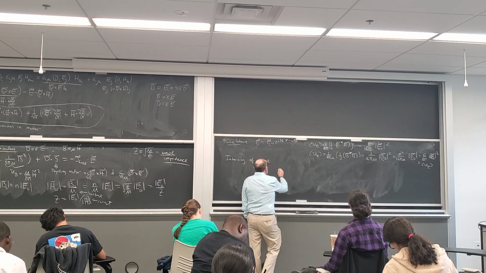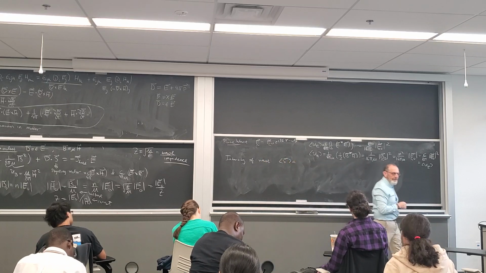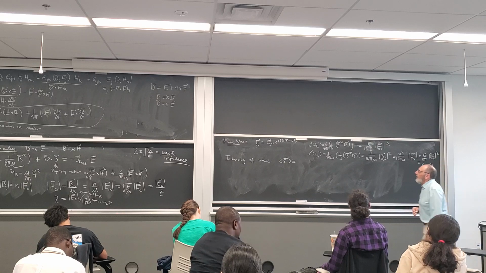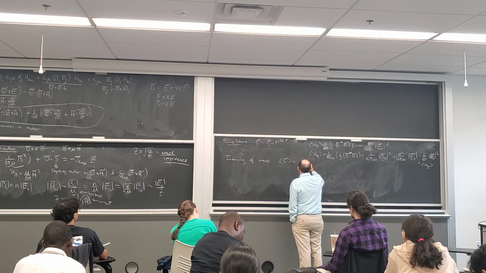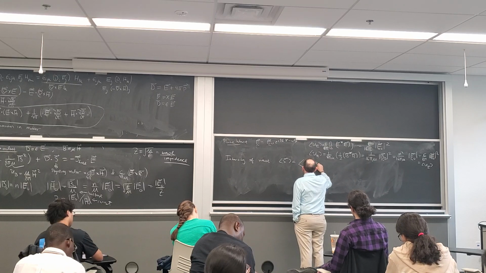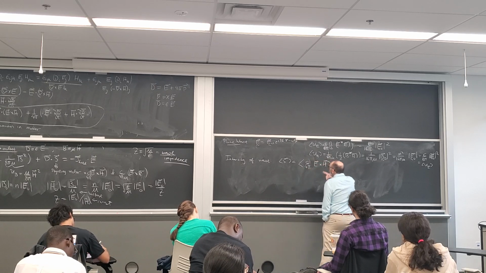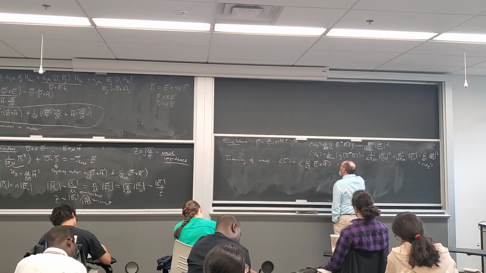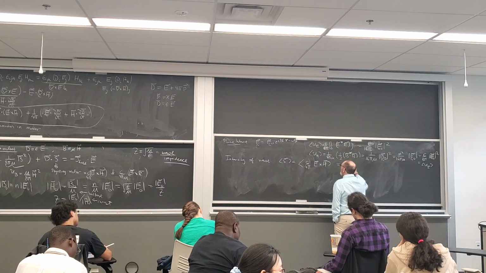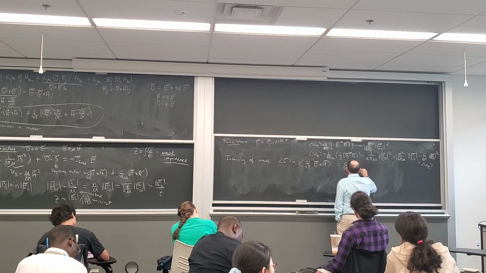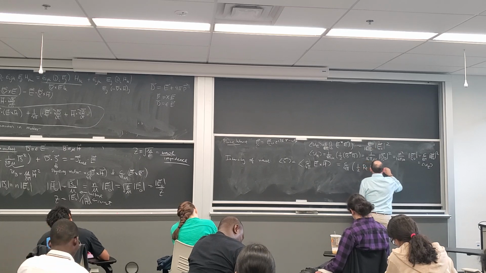The intensity is given by the expected, or the time average value of S. And that's equal to the time average value of c over 4 pi E cross H. And for this monochromatic field, this plane wave, that is then equal to c over 4 pi times a half the real part of E0 cross H star.